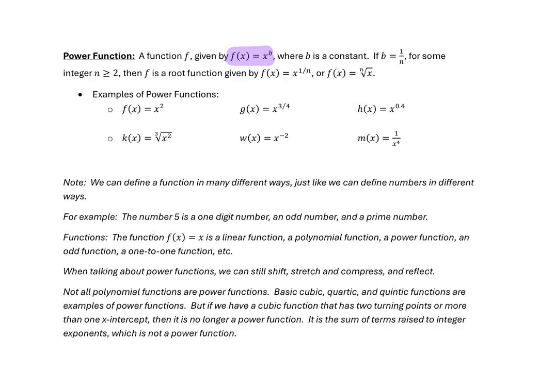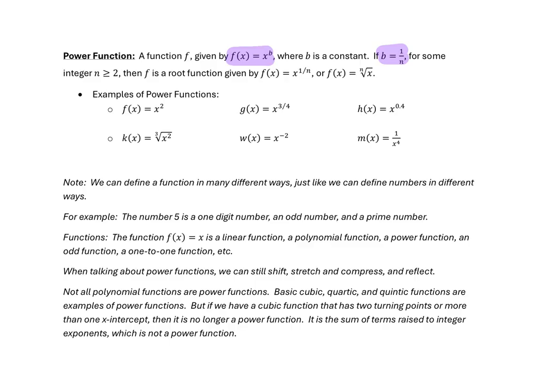So for instance, in several of our examples that we've talked about so far, if b is a fraction 1 over n where n is greater than or equal to 2, then f is also a root function. F of x equals the nth root of x. They are equivalent. Now, power functions are just another way to describe a function.